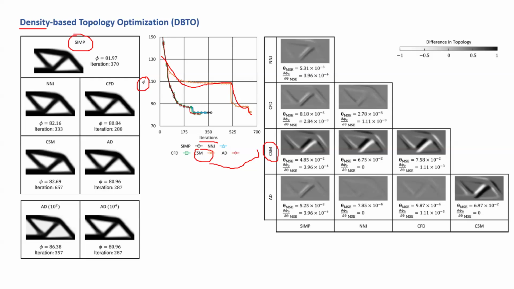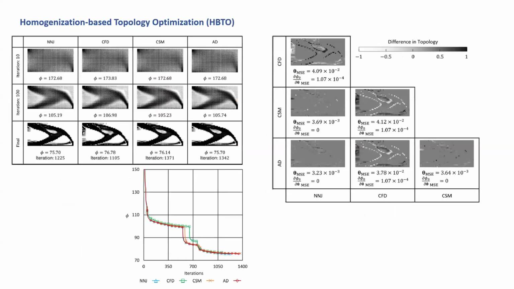The mean square error is still pretty low when we compare with the other ones, but it's the one that is more different. We observe the same trend in homogenization-based topology optimization. So we don't have a SIMP in this case. There is no, in a way, ground truth for comparison, but we compare the different topologies among themselves.